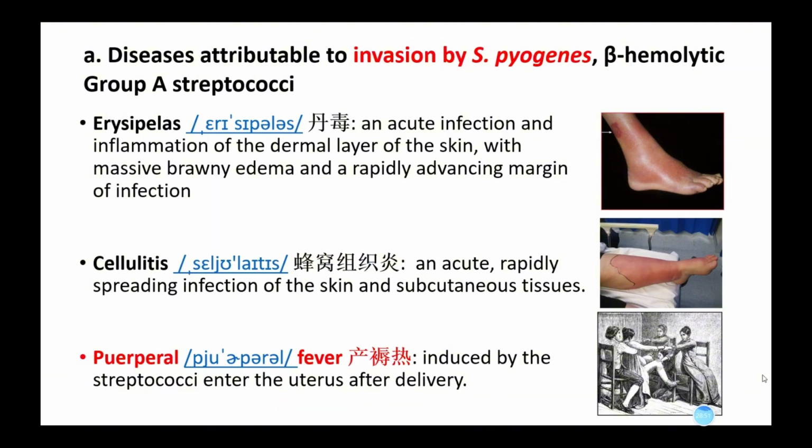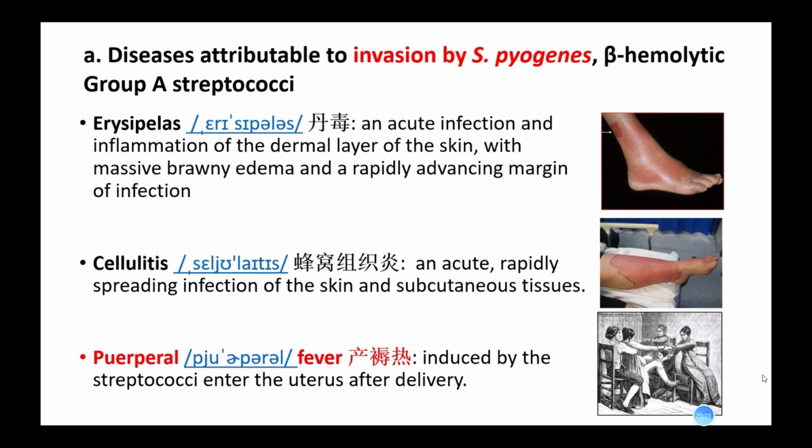So the puerperal fever is due to streptococcal infection. When the mom gives birth to a baby, and the bacteria is introduced into the uterus, it can cause infection and cause the puerperal fever. And this infection without treatment is sometimes lethal.